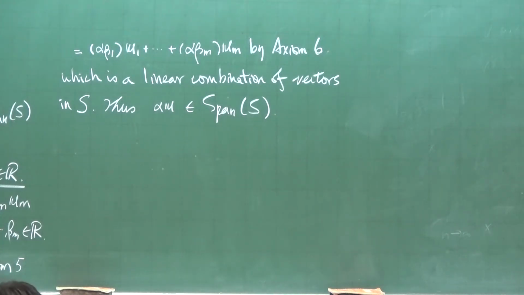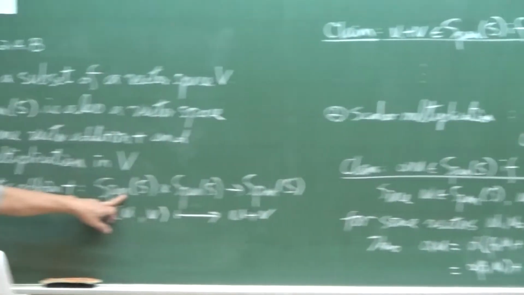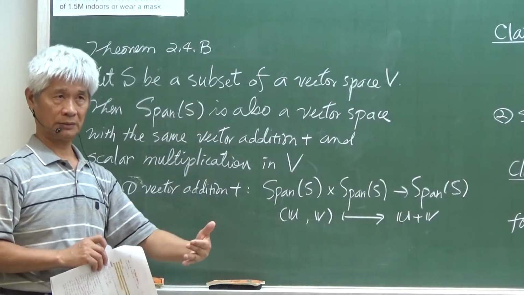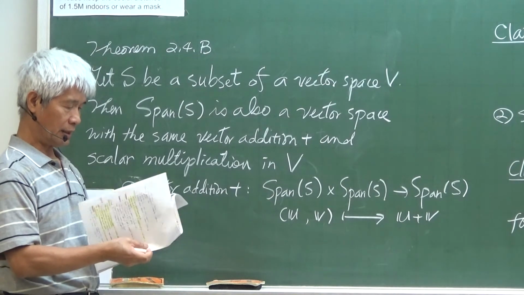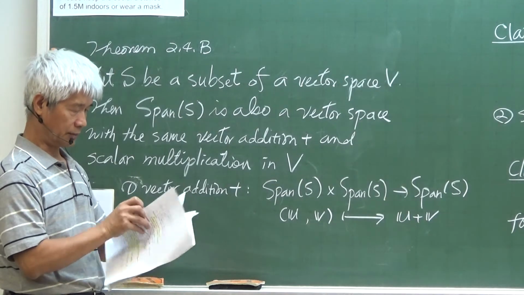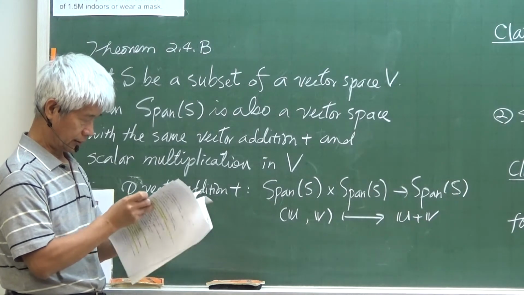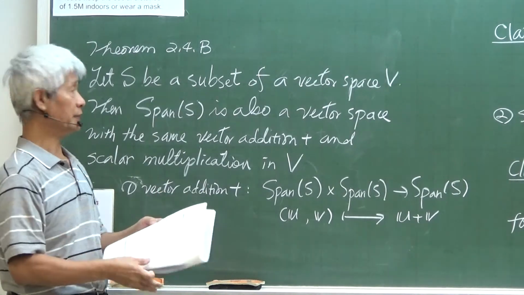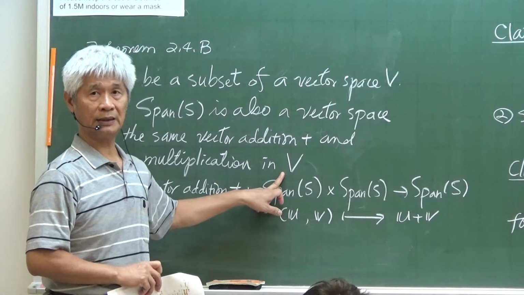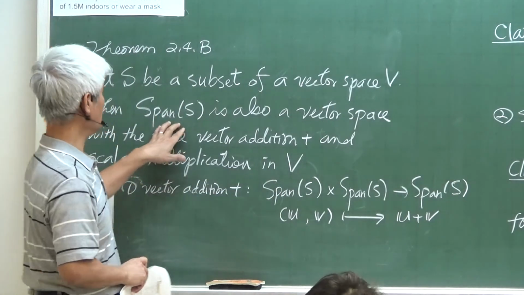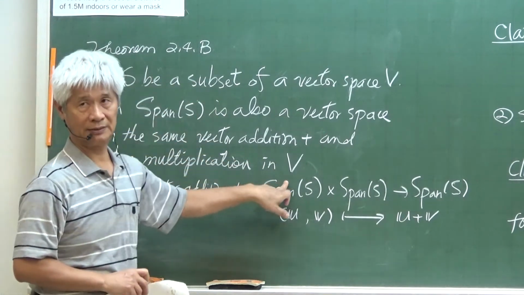And it is true in V, so it must be true in the span of S. Of course, it can be inherited for x and y immediately. Now, how about axiom 2? You can review the list. So let me take my notes here. How about the associativity of vector addition? No problem, right? Because all the vectors in the span of S are in V, so no problem.